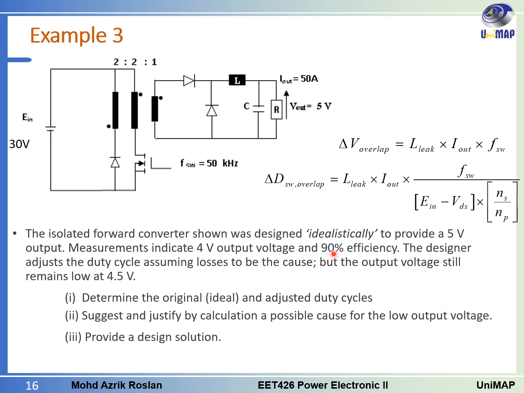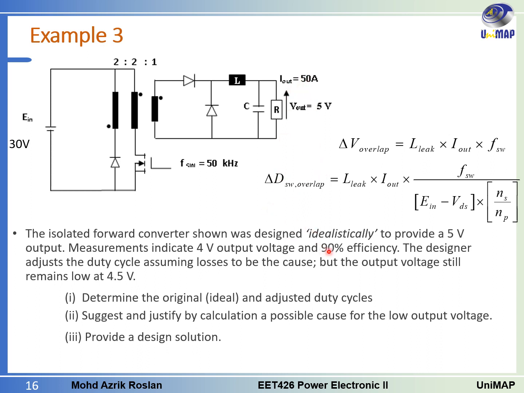Okay, and then based on the efficiency, how can they calculate the efficiency? They measure the input power and the output power. They measure the input voltage and the input current of this primary circuit, and then they measure the output voltage and output current.